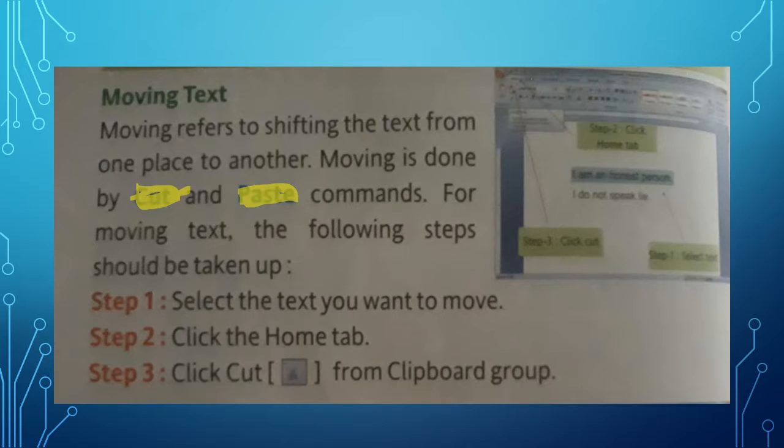The Home tab is at the left side on the MS Word 2007 window. When you click on the Home tab, you will find the Cut option in the Clipboard group, and then you have to click on this Cut option.